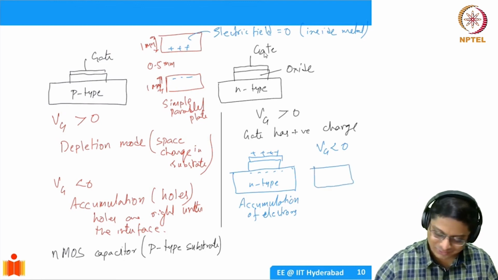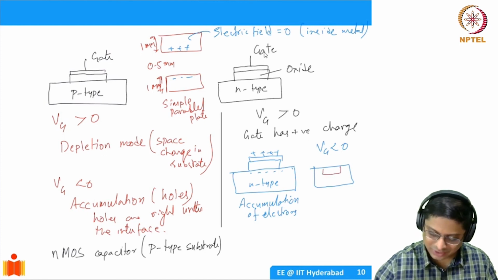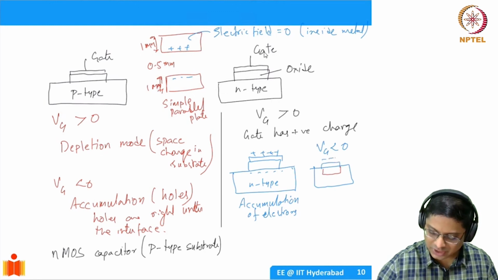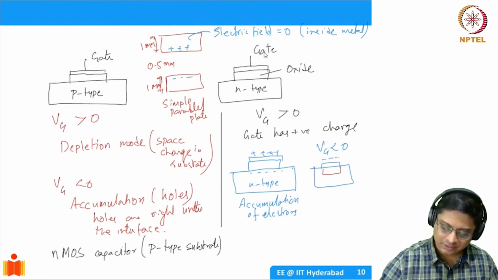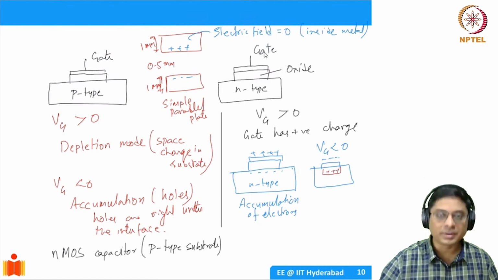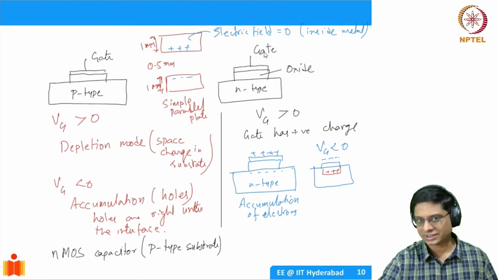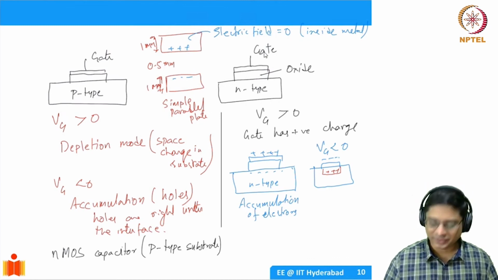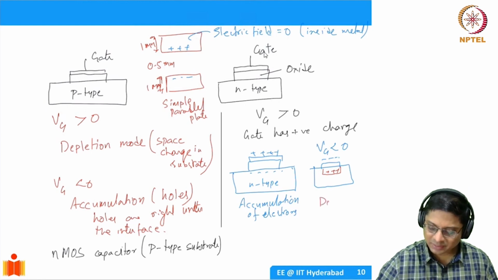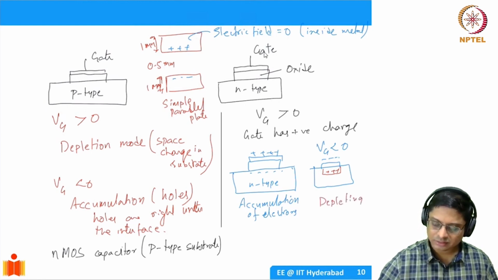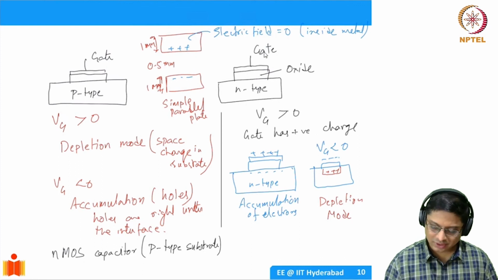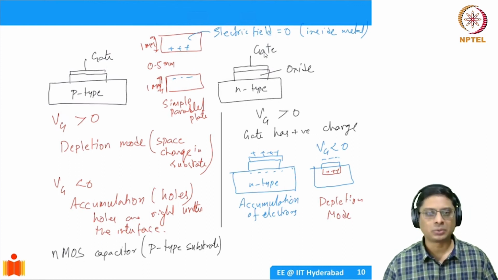Sorry, my space is going smaller and smaller, but essentially there's negative charge on the top gate, and then on the semiconductor side we have space charge, which is distributed a slight distance away from the interface. So now we are depleting the semiconductor. Depletion mode, I can call it. So you have two types of modes: one is accumulation mode, one is depletion mode.